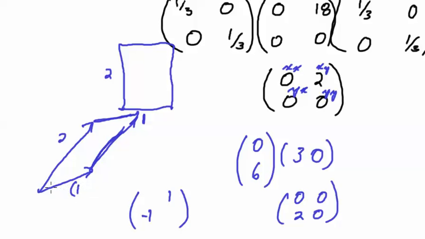This would be, let's say, 3, 1, and this would be 6, 2, something like that. So this is coming over 3 to the right, 1 up. This one's coming 6 to the right, 2 up. No, I want 2, 6. So it goes over 2 to the right and 6 up.